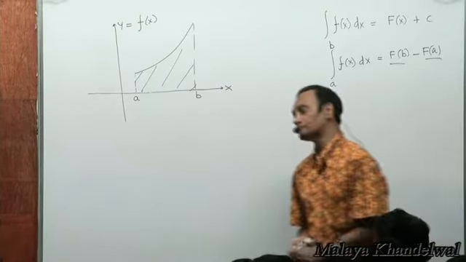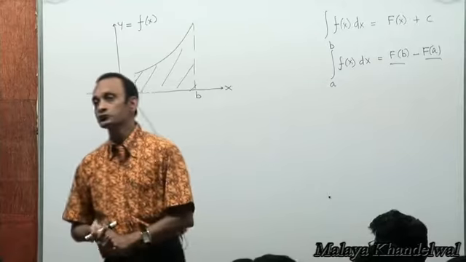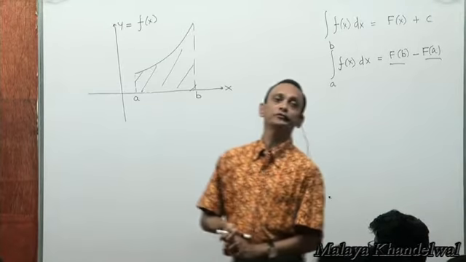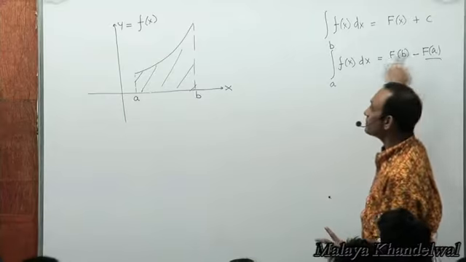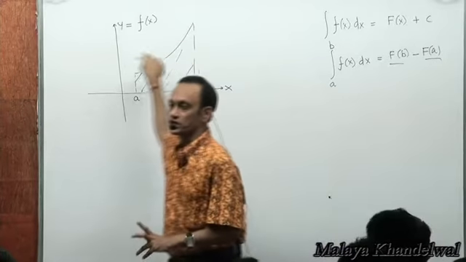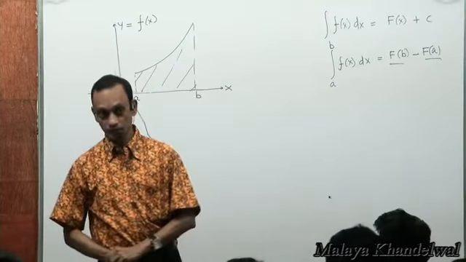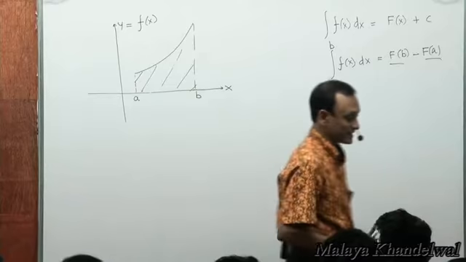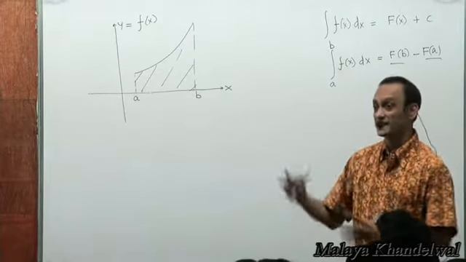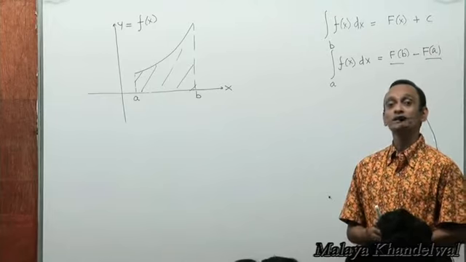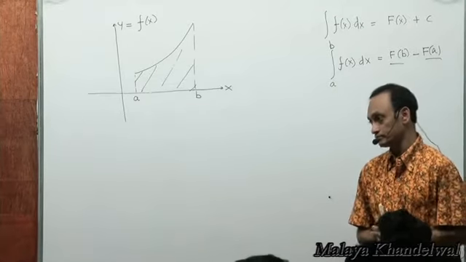What I'm going to offer in the next few minutes is a formal version of why this is true. Why capital F(b) minus capital F(a) represents the shaded area. And why is it that this area function is an antiderivative function? This has to be formally understood now.